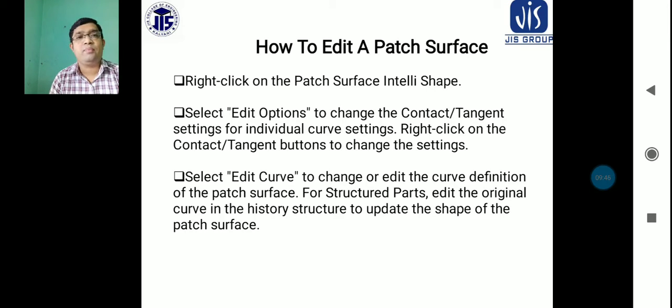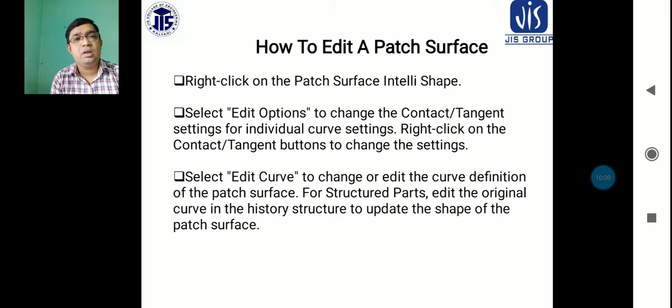For structured parts, edit the original curve in the history structure to update the shape of the path surface.